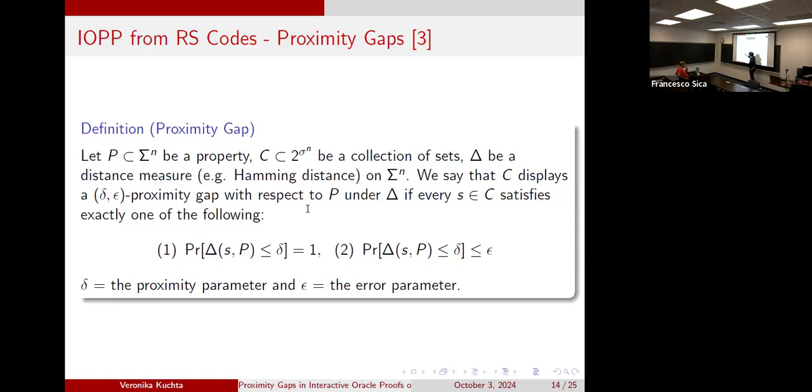Either the code word is less than delta far from the Reed-Solomon code, with probability equal to 1, or the probability is just negligible, right? That means the value S is far from the Reed-Solomon code. In this case, delta is the proximity parameter and epsilon is the error parameter.